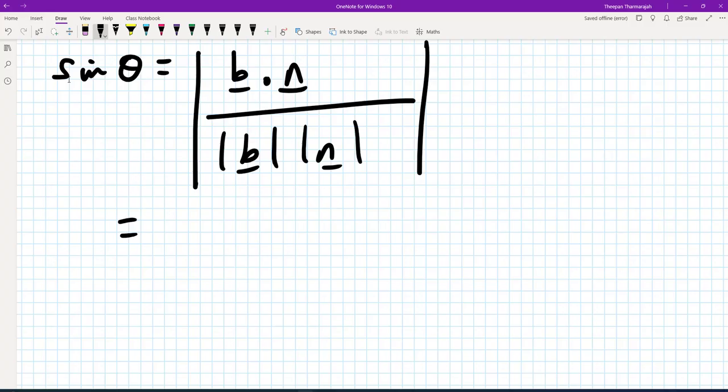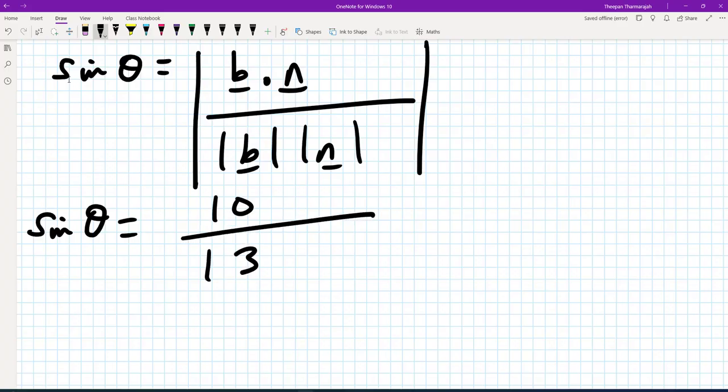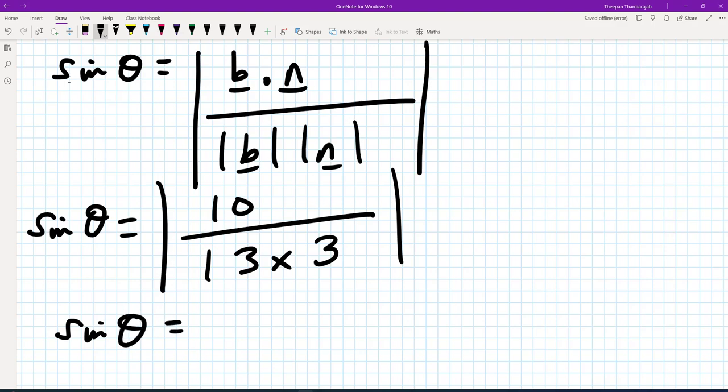So in our case, sine theta is 10 over 13 times 3. I'm going to put a big modulus sign here. So we're just going to get sine theta is 10 over 39 respectively.